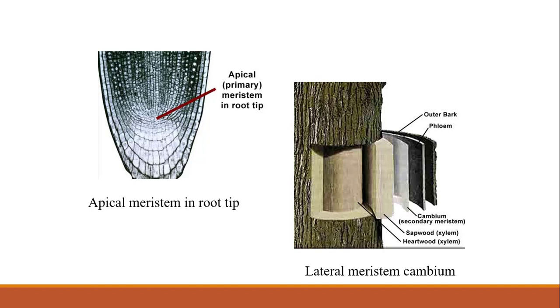Okay, so you can see the apical meristem in a root tip, and then here is the inside of a tree trunk that you can see the different layers. We'll talk a little more about these, but this is the lateral meristem cambium. That's where active growth happens.